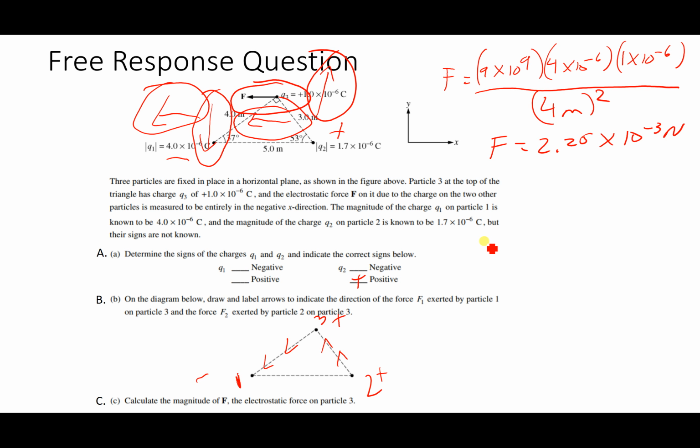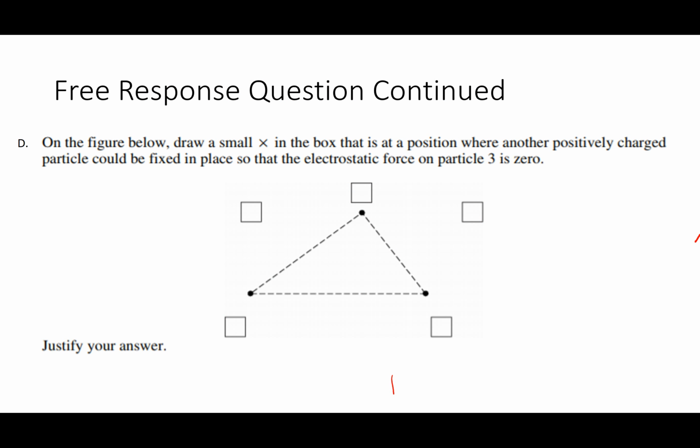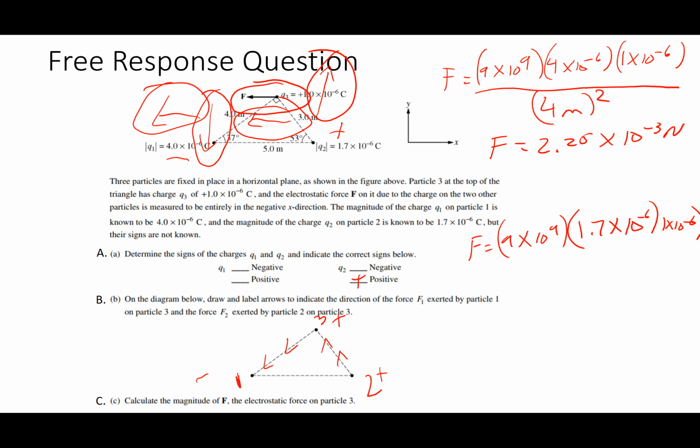We need to do the same thing for the force of Q2 on Q3. So F equals k times Q2 times Q3 all over the distance squared.